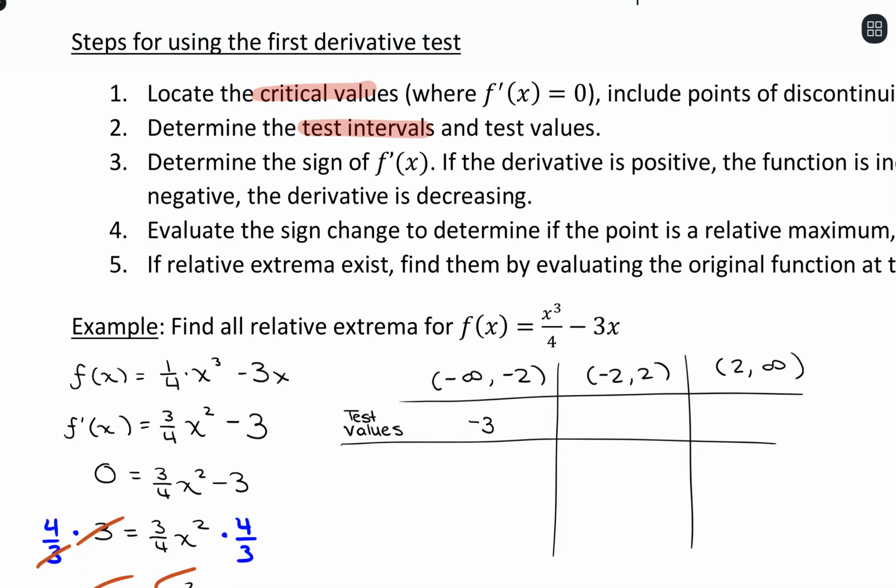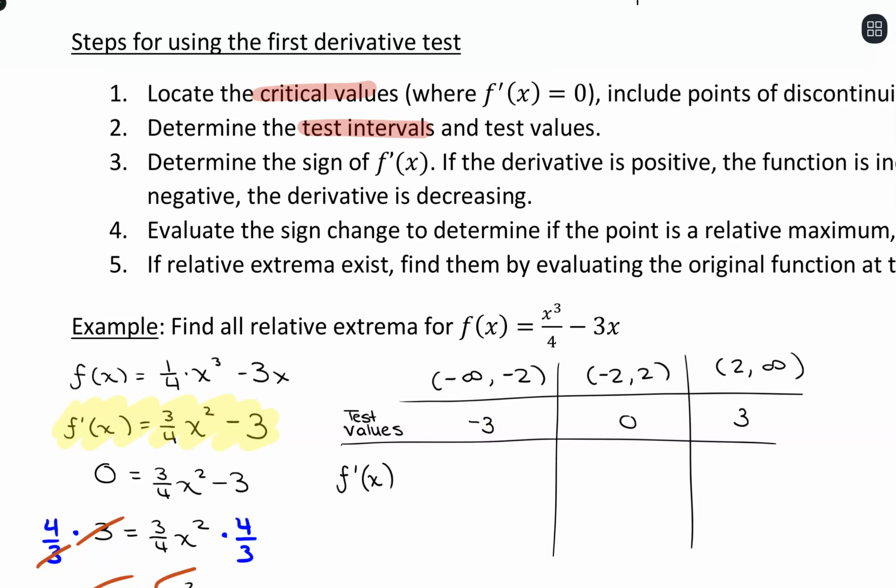So how about a -3, 0, and +3. And then what we're going to do is look at f prime of those values. So our f prime of x is over here, and we're going to think about what happens when we plug in our values. And all we want to do is figure out if it's positive or negative.